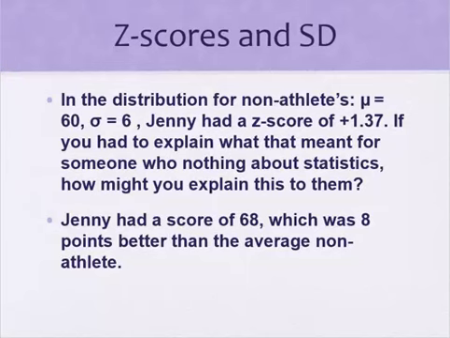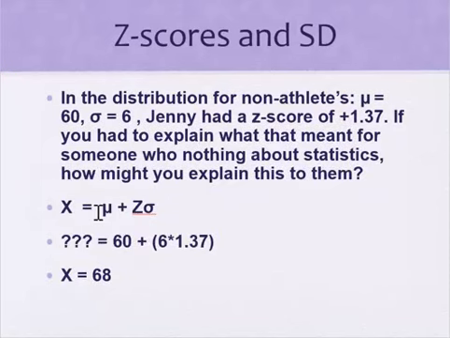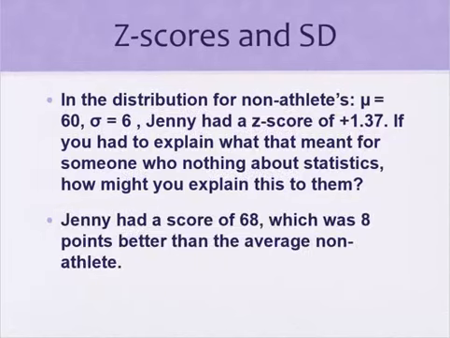So we can take something as complicated as a z-score, use that as well as the population mean and standard deviation to find the original raw score, and we can talk about our data in terms of the original units that the raw score was measured in. So look, Jenny did this motor task. She got a 68 on it, which was 8 points better than what the average person in her group did on the same task.